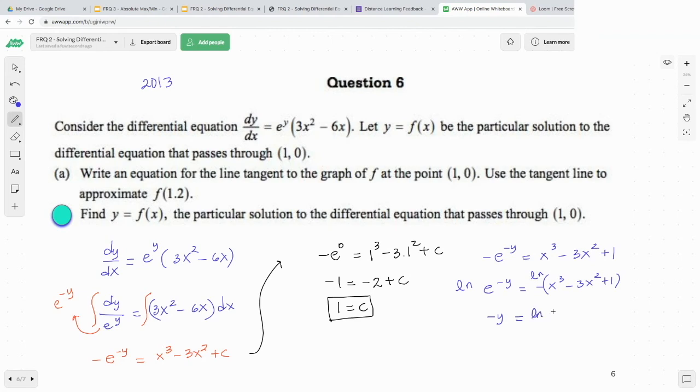So that will be ln of negative x cubed plus 3x squared minus 1. And then you multiply everything by -1 again. Y is going to be negative ln of negative x cubed plus 3x squared minus 1.